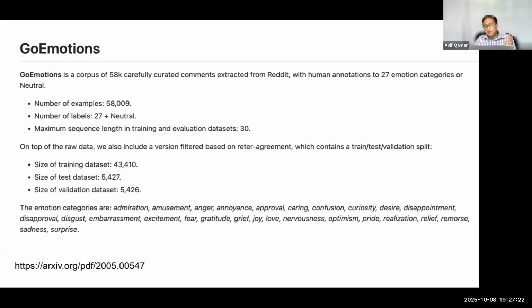This is a dataset, and there is a neural network model also. This is more like sentiment prediction, but instead of calling it sentiment prediction, let's call it emotion prediction, because it does predict complex emotions. So we are going to use GoEmotions and a BERT-based neural network model to validate the response coming from the LLM.